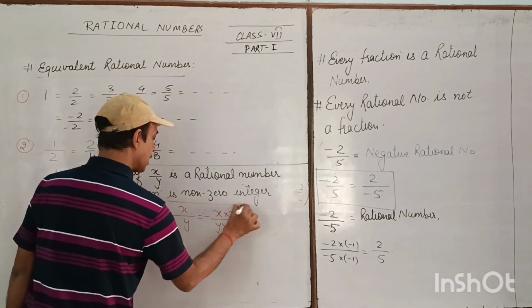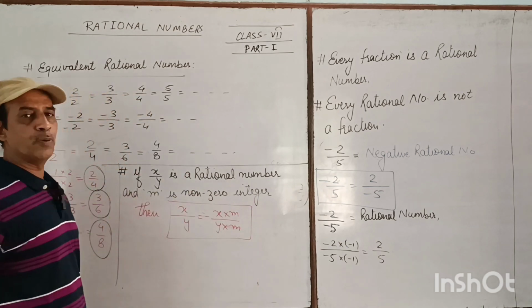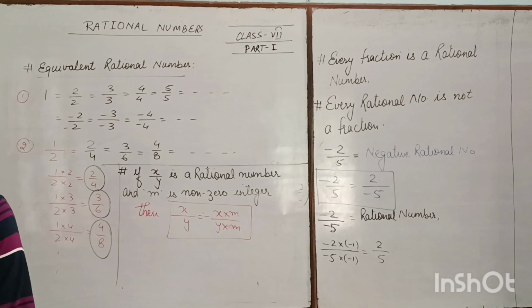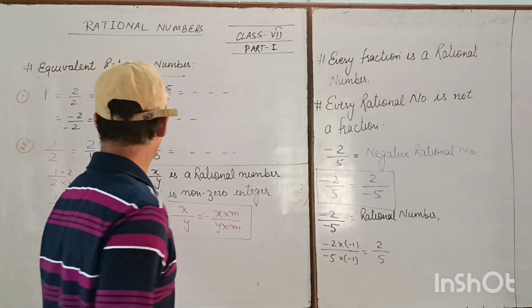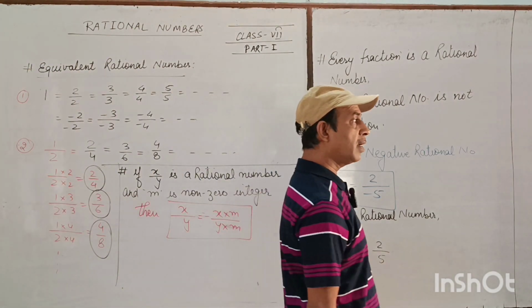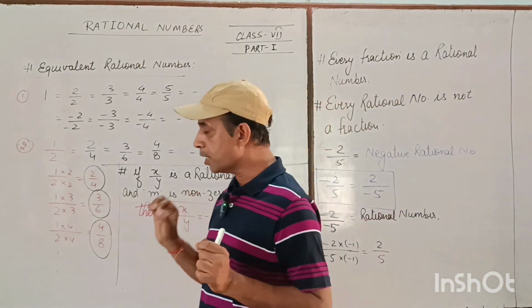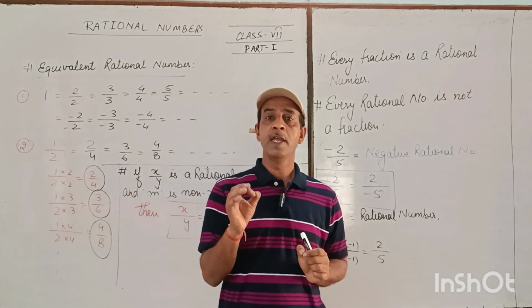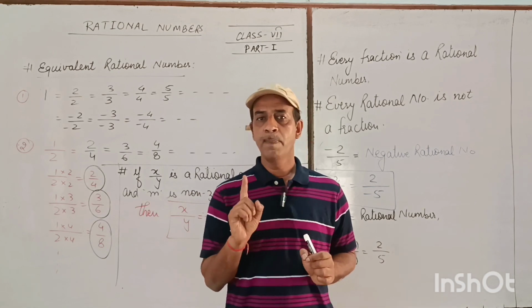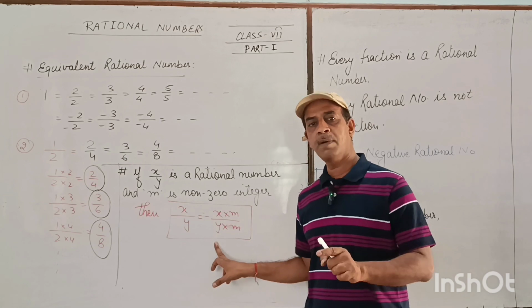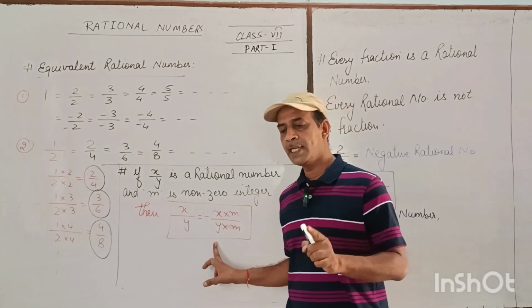That is, in this case we are multiplying its numerator and denominator by m. ठीक है, this thing we have seen. These are the equivalent rational numbers. That means a given rational number can be shown by infinite rational numbers by multiplying its numerator and denominator by some non-zero integers.